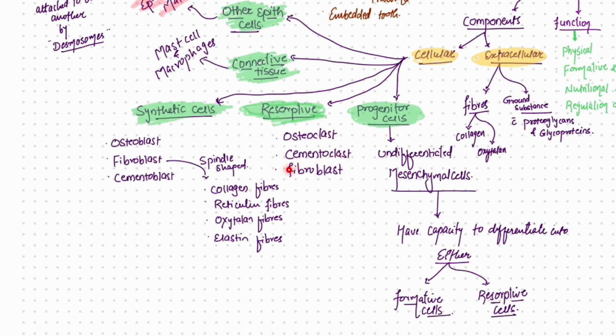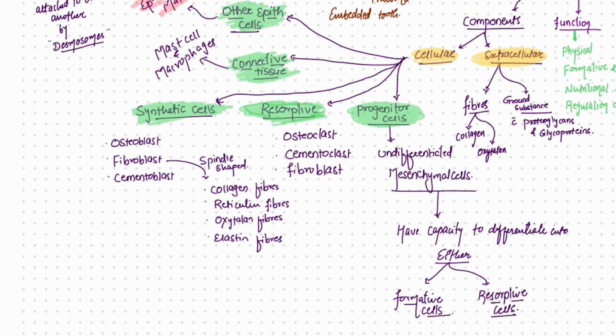These are the exceptions. The fibroblast also secretes as well as resorbs. So osteoclast, cementoclast, and fibroblast. Then the synthetic ones: as I said, the blastic activity is the formation of something. Osteoblast is bone formation, fibroblast is fiber formation, and cementoblast is cementum formation.